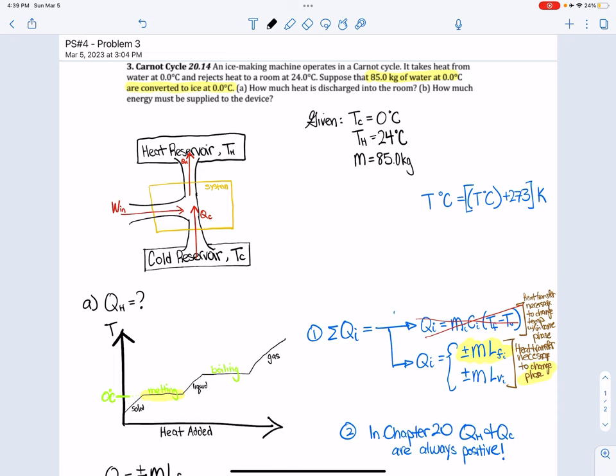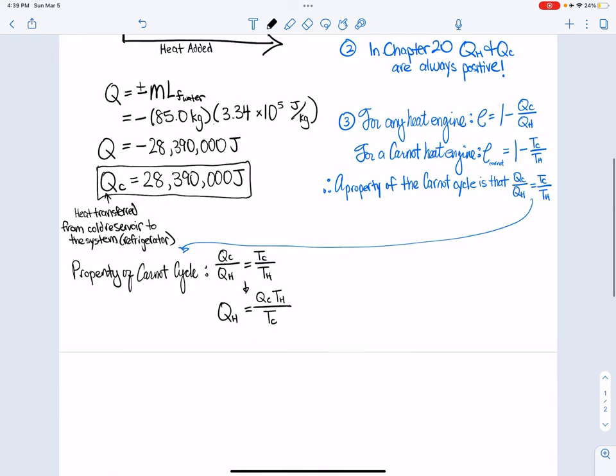So for my cold temperature, 0 plus 273, that's just 273 Kelvin. And 24 plus 273, that's just 297 Kelvin. All right, so now I'm going to plug it in.